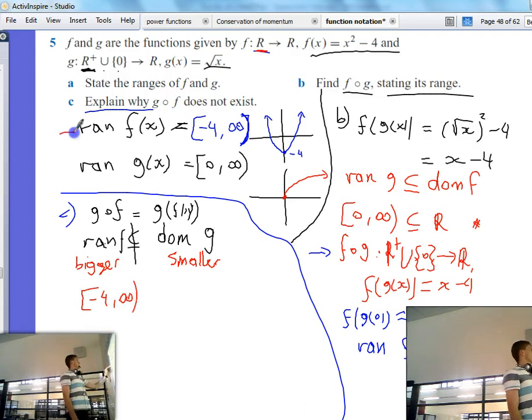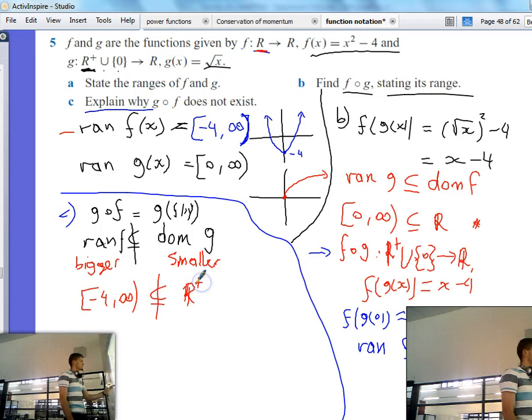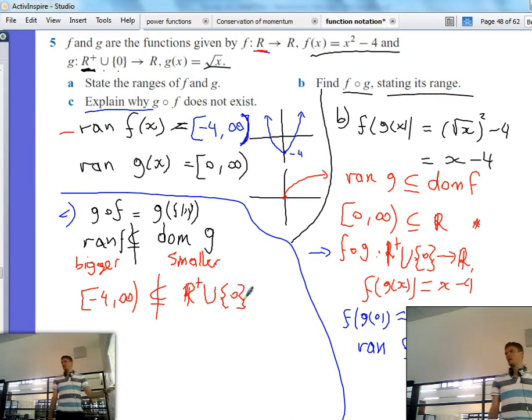Okay, there it is. And we can see that is not a subset of the domain of g, where the domain of g is all positive real numbers, including the element 0. How come? Well, positive real numbers, there are no negatives, whereas here are some negatives.